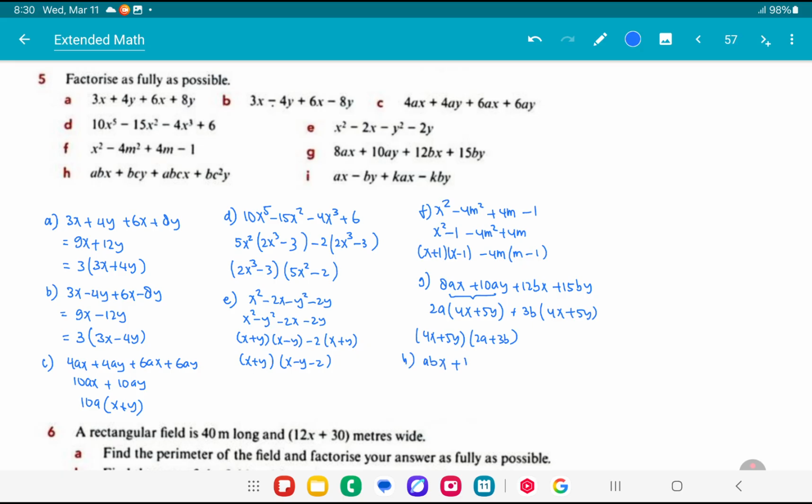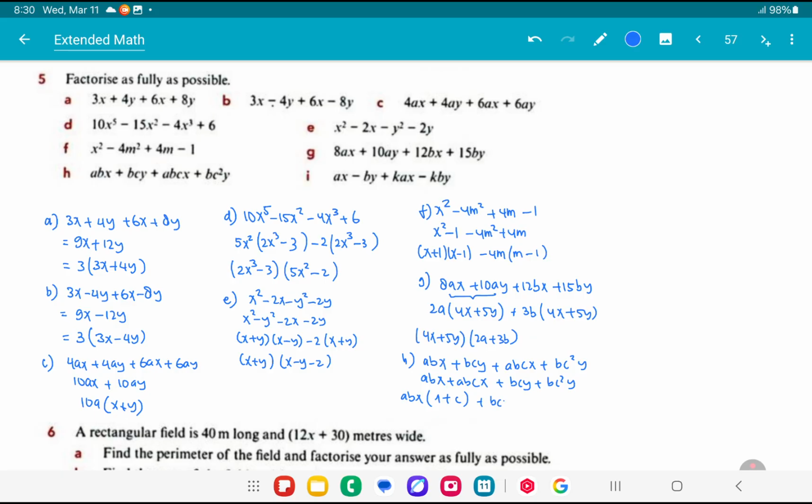abx plus bcy plus abcx plus bc squared y. We group abx and abcx, and then bcy and bc squared y. We factor out abx, we get 1 plus c.